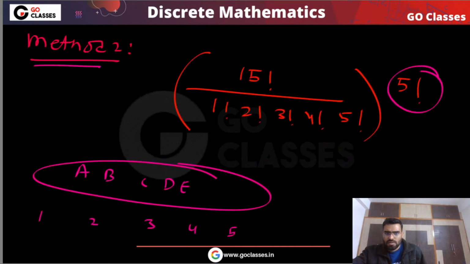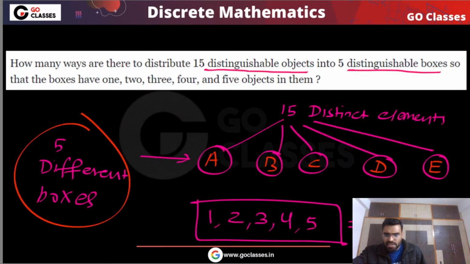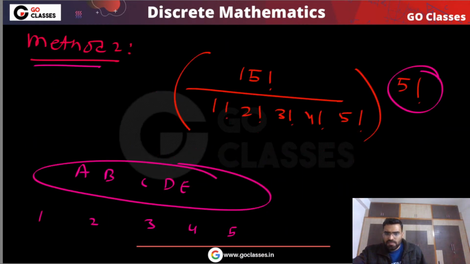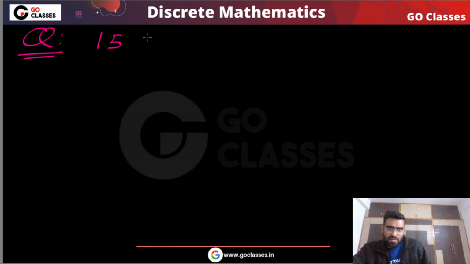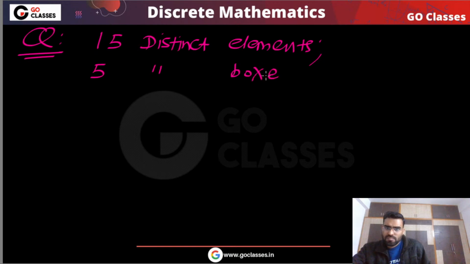Basically this is just a variation of this problem. Now in this, one more variation can be created, and you should take care. Let me create one more variation. Again you have 15 distinct objects, and let's assume you have 5 distinct boxes.